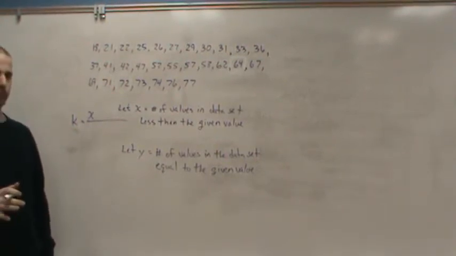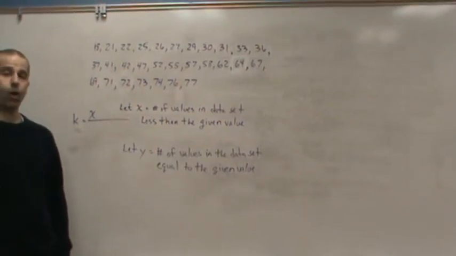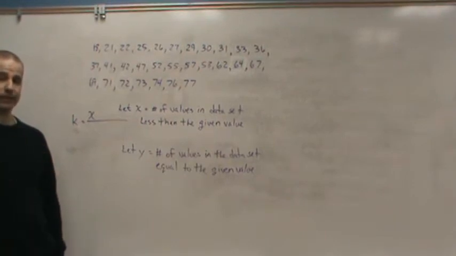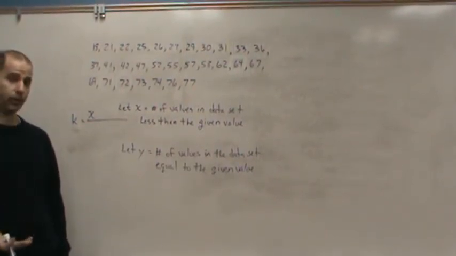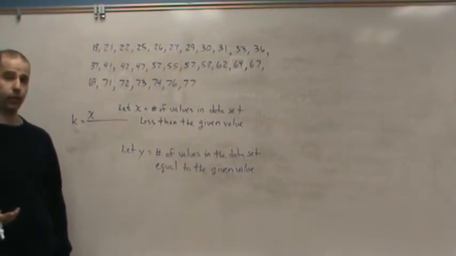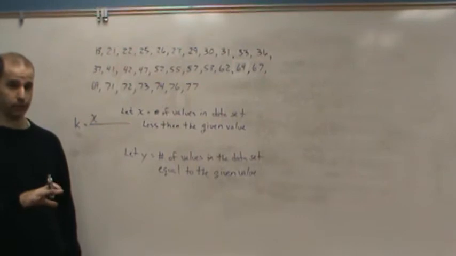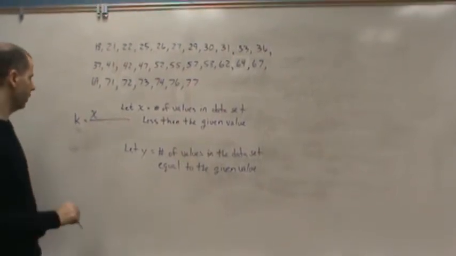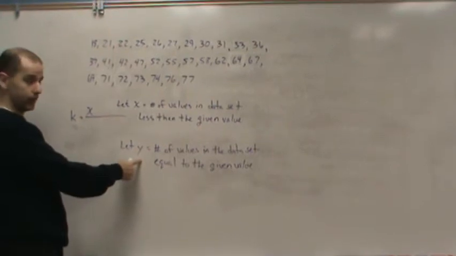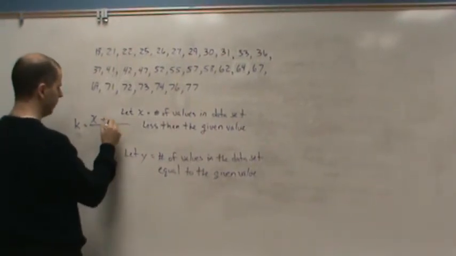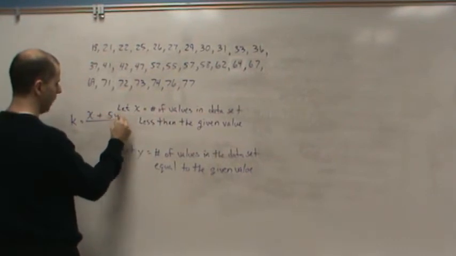But here's the thing. I'm not going to take all of the values and put them below, because I'm going to split the difference. I'm going to take all of the values that are equal to the given value and split it in half. So I'm only going to take half of the values in my count, so I'm going to add 0.5 times y.